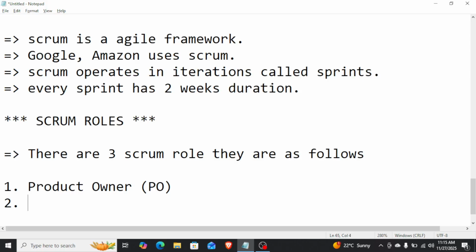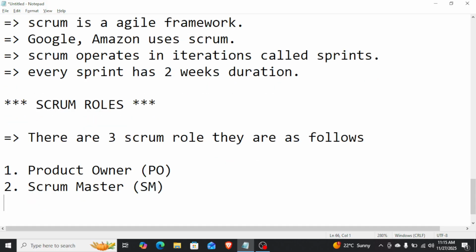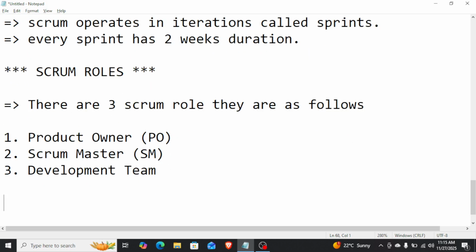Second one is Scrum Master, and the third one is development team. Now we will see them one by one in detail.